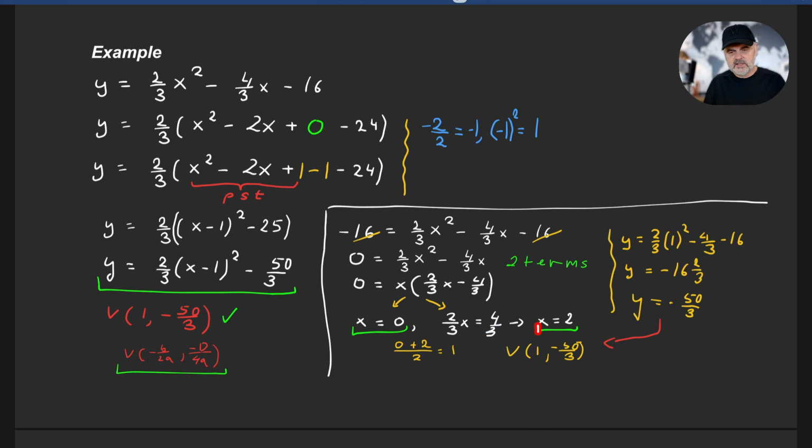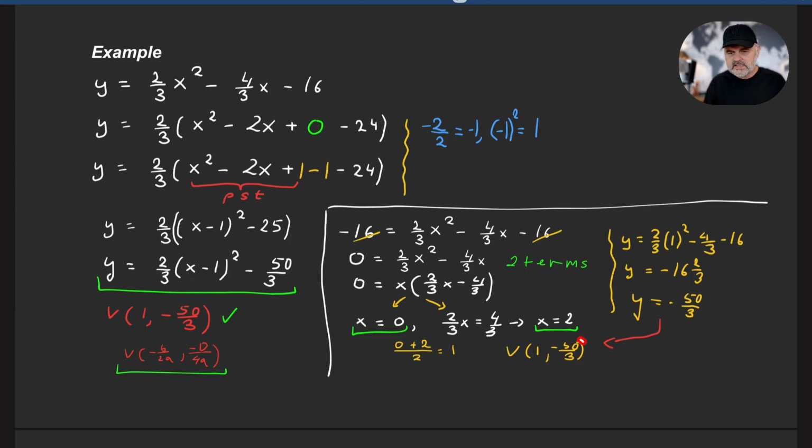And you see it's not hard to identify the result that x is equal to 2. So now we have 0 and 2. And when you find the average, this is the location of the axis of symmetry. This is the location of the x coordinate of the vertex, and we know it does work. We already know it is 1. We have it right here.